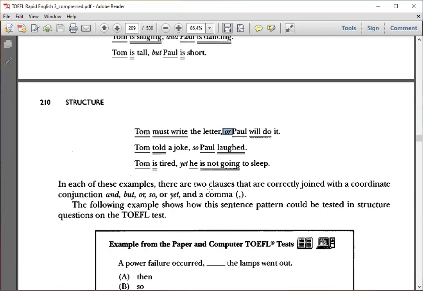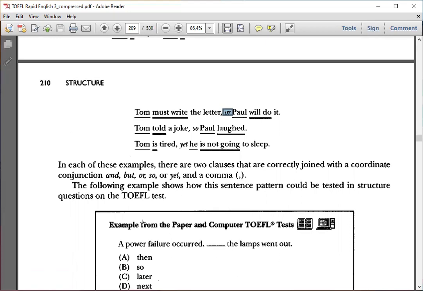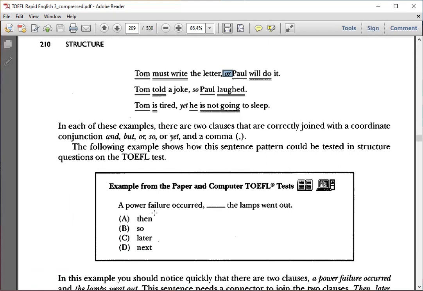Now, for example this one here. A power failure occurred. This is the subject and this is the verb. And then the lamp went out: the lamp is the subject, went out is the verb. So I think we have to find the connectors. The only connector is so.